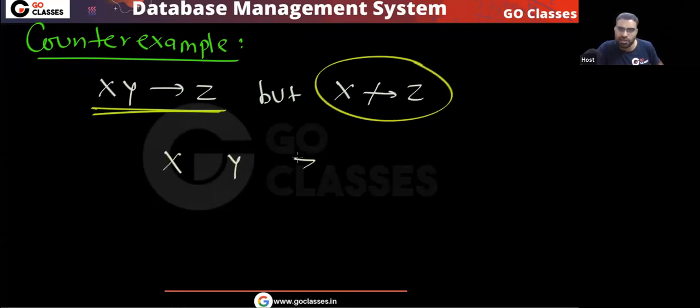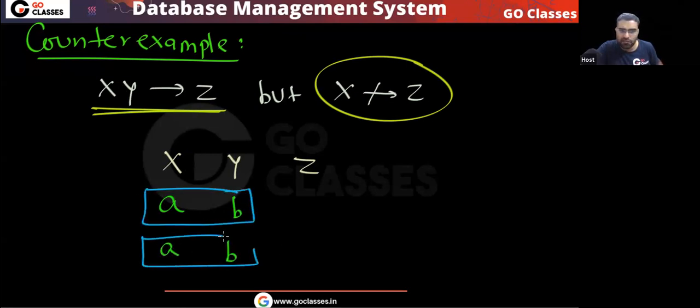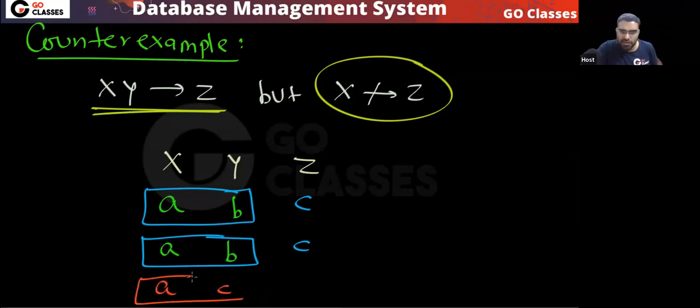Yes, very easily you can create this situation. For example, this combination determines Z. If you repeat this combination, the value of Z will repeat. But what can happen? Is this the same combination?